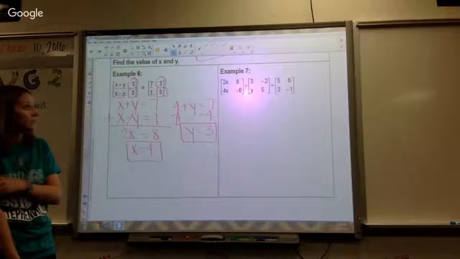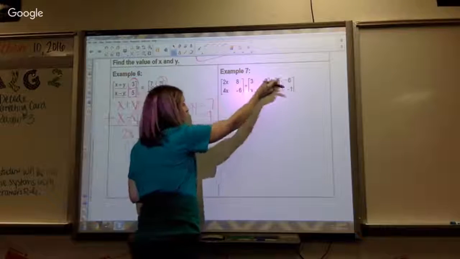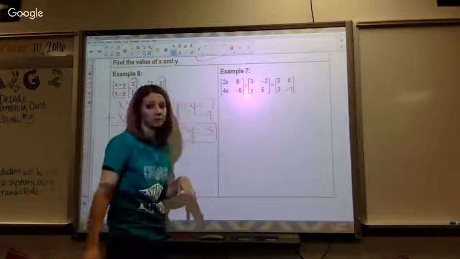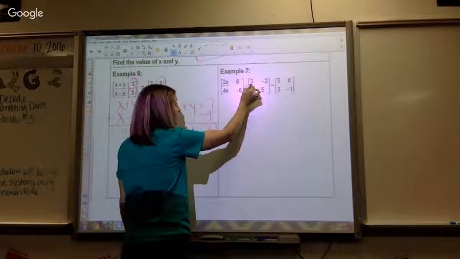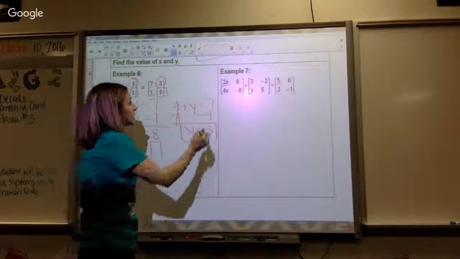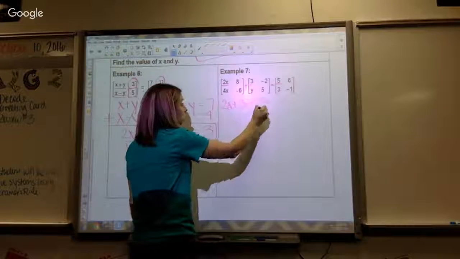Okay, example 7 is a little different than 6 because it says we're adding these two matrices and then that will equal this element, which is 5, 6, 3, and negative 1. So remember, when we're adding, we add the corresponding. When they're equal, it equals the corresponding element. So that means 2x plus 3 needs to equal 5.